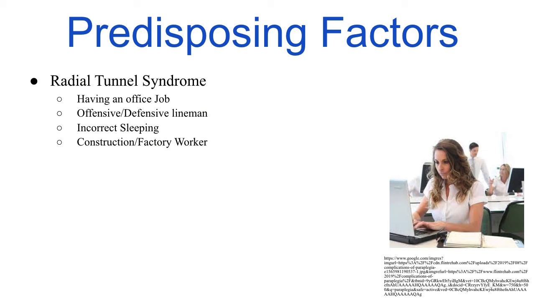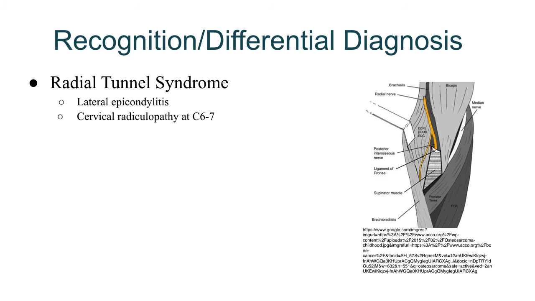Predisposing factors. As we touched on already, having an office job, offensive and defensive linemen have this because forceful pushing and pulling is their whole MO of what they're doing. Incorrect sleeping technique, which is what we already covered, construction as well as factory workers. So a lot of overuse. Recognition and differential diagnosis.